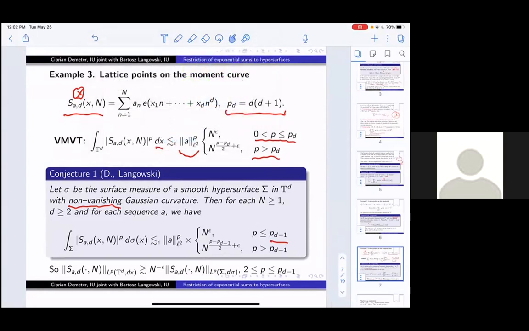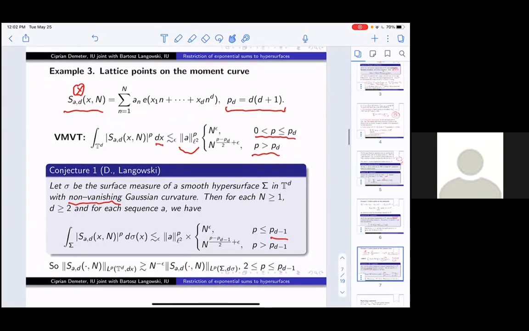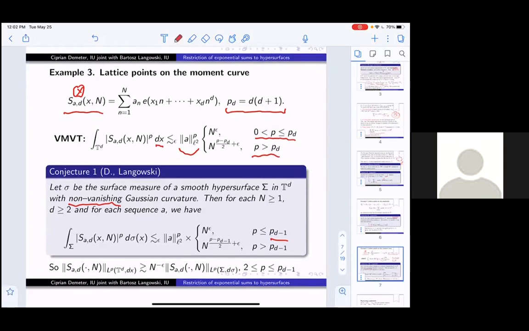But before I get there, you might remember some of the questions that I asked at the beginning of the talk, and one of them had to do with such a comparison. So is it possible that the mass of the exponential sum concentrates on a manifold in such a way that the left-hand side exceeds the right-hand side? Well, this says that the answer is no in this regime, and that's fairly easy to see.